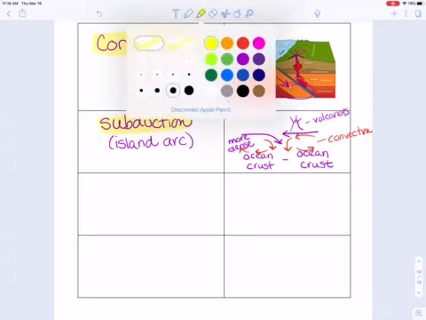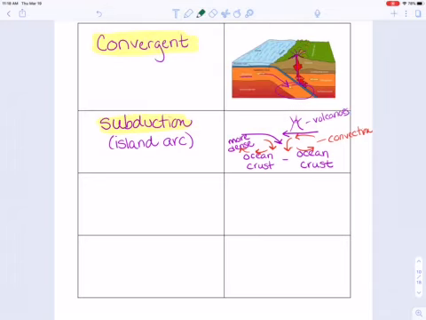And right here, it's going to be bringing the land down a little bit, and we're going to get something called a trench. So pretty much a hole in the ground. The best example for this is Japan. Japan is an island arc.